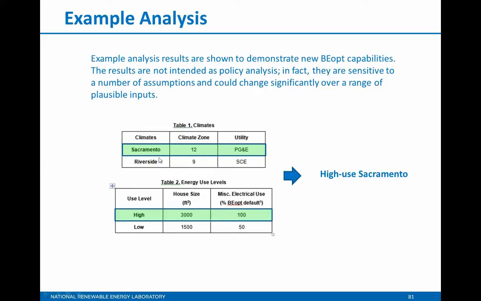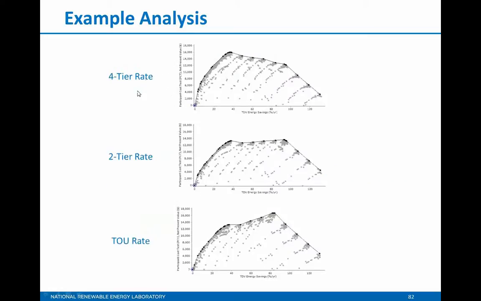So what I'm going to show first is not the full range of these possibilities, but just Sacramento high use cases. Here are participant cost test results for 4 different tiers.